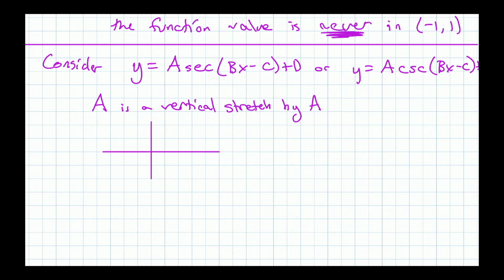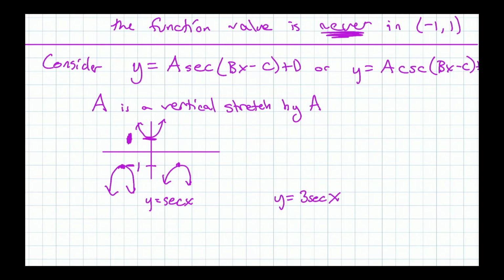If you're graphing one of these, with a 1 here and a -1 there, and this is y equals secant x, and you wanted to know what y equals 2 secant x looked like, I'm going to use a 2 because I don't want to draw the graph very big.